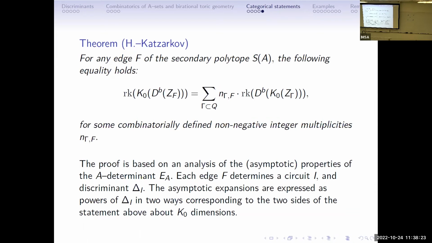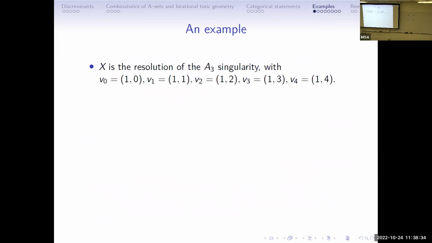So that's based, as I said, on analysis of this asymptotics. Okay, so let me do some examples. Let me go now to the first example. So you see, this is the first example. Why? Because if you think about what that set is, you have 0, 1, 2, 3, 4.